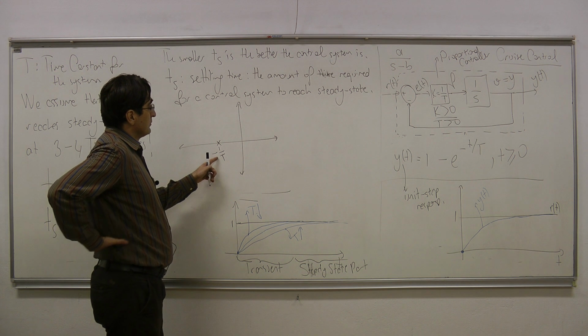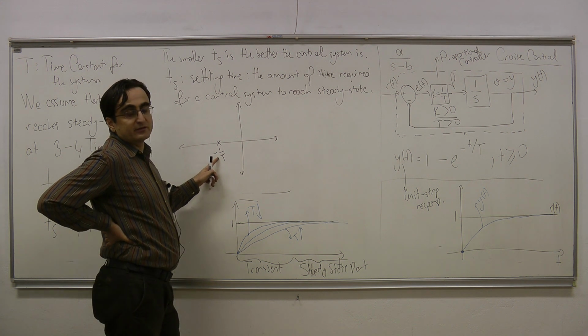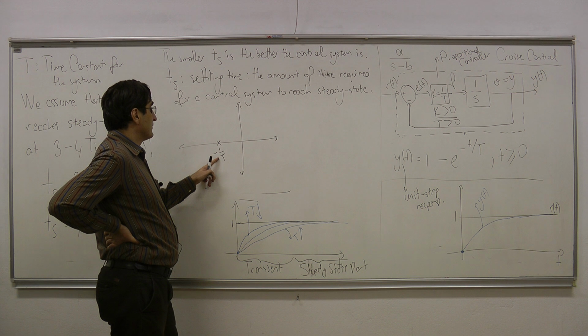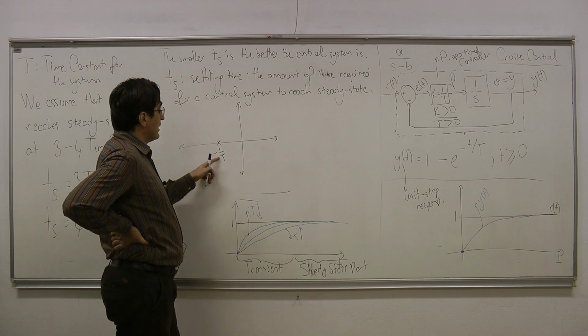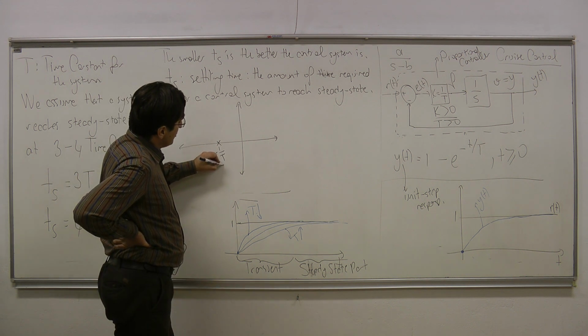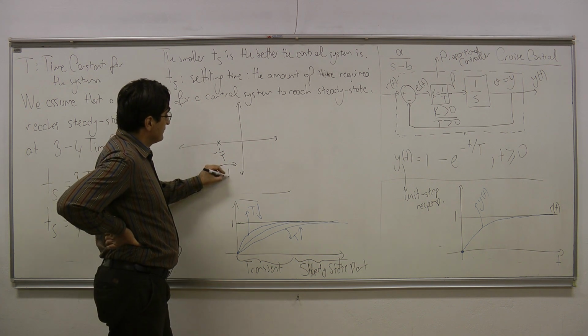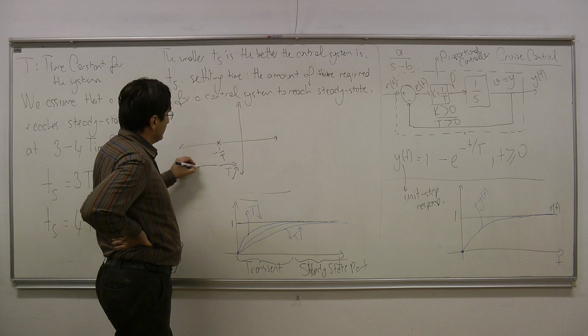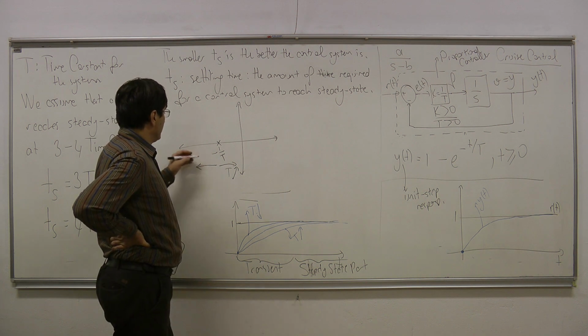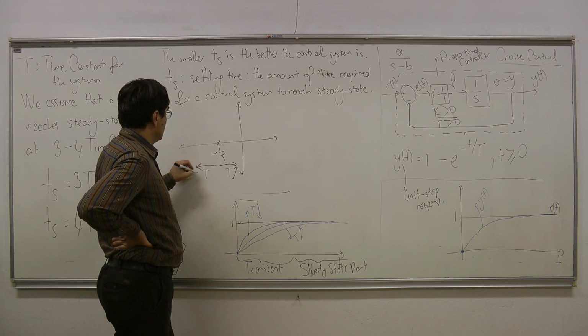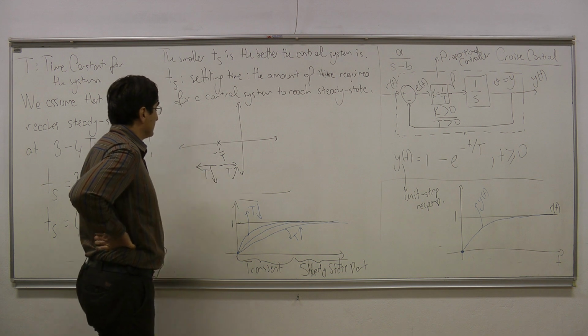If the system is slower, then the time constant is large. If the time constant is large, then the pole is moving towards the imaginary axis. This is increasing T, and this is decreasing T.